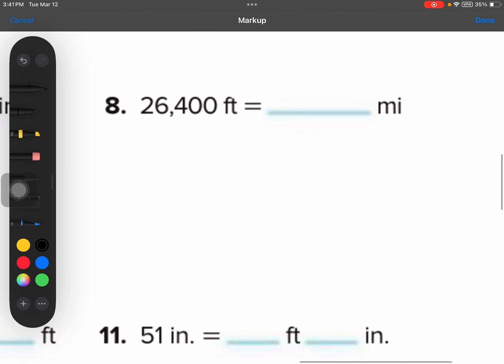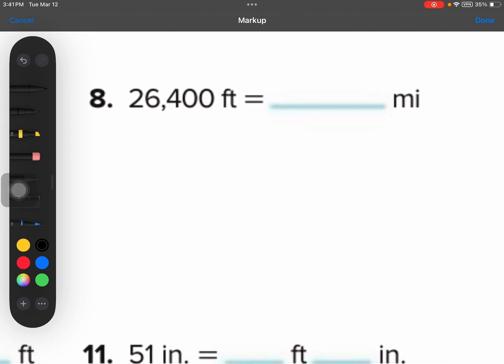All right. Ooh, another mile. Feet to mile. Now remember, feet are smaller than a mile, and there's 5,280 feet in a mile. Now you could take this big number, divide by 5,280, or you could do a guess and check with like 4 or 5 or 6 or 7 and see what you get. Or you could subtract. I do happen to know a little secret though with this one.